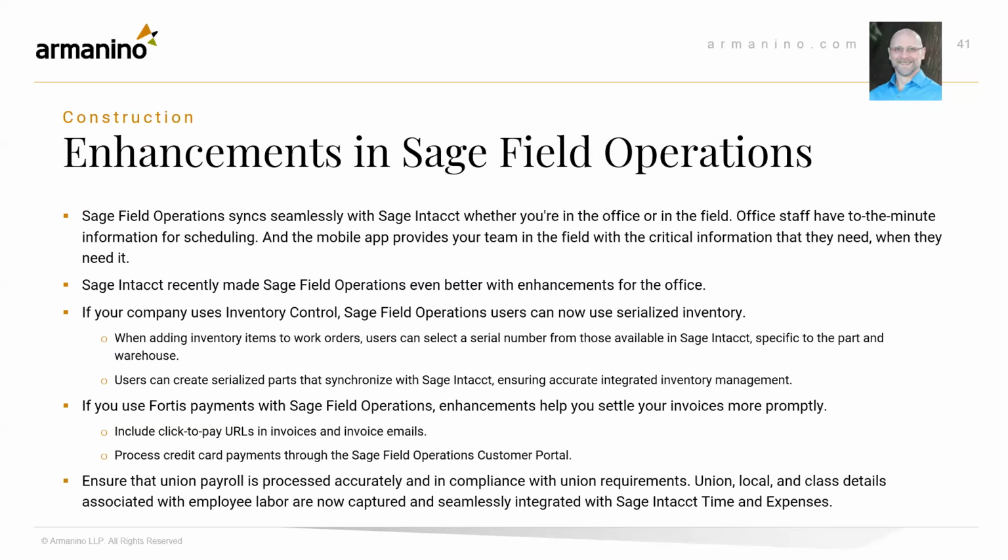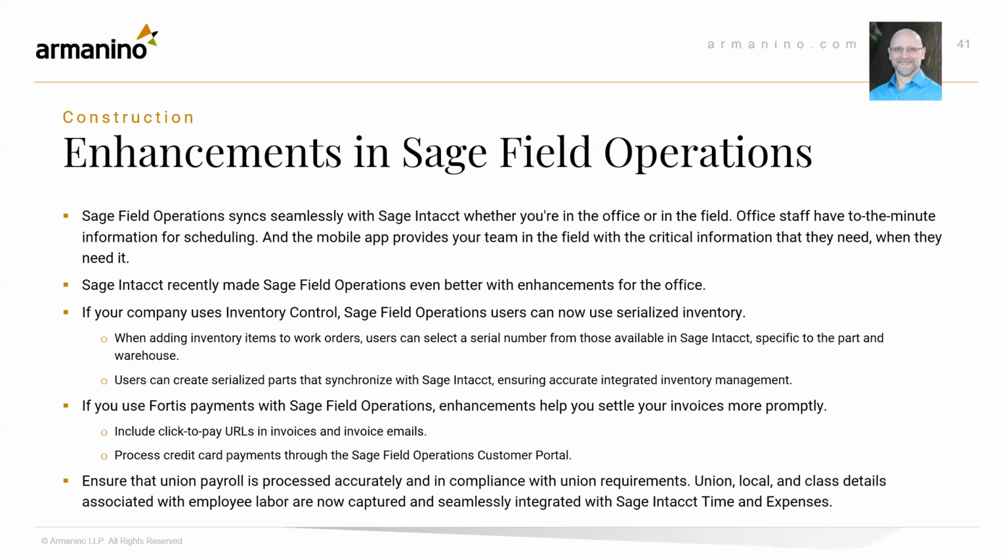For anybody using Sage Field Operations, there are some enhancements. It syncs seamlessly with Sage Intacct, whether you're in the office or in the field. Office staff have to-the-minute information for scheduling, and the mobile app provides your team in the field with critical information that they need when they need it. Sage Intacct recently made Sage Field Operations even better with enhancements for the office.